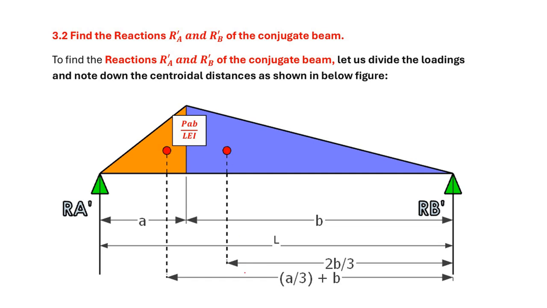These centroids are at a distance 2b by 3 from point B dash, and the centroid of the loading in saffron color, which is a triangle, is at a distance a by 3 plus b. So this is very simple because you can easily calculate the centroidal distance with respect to B dash or A dash. Here I choose B dash. So for this B dash, for the triangular loading, I have calculated the centroidal distance.